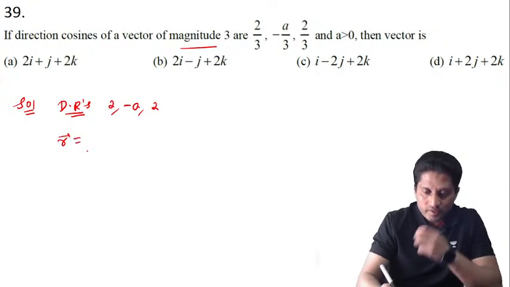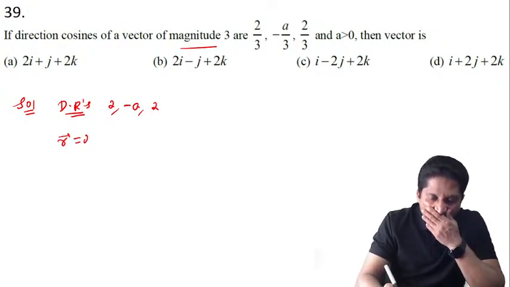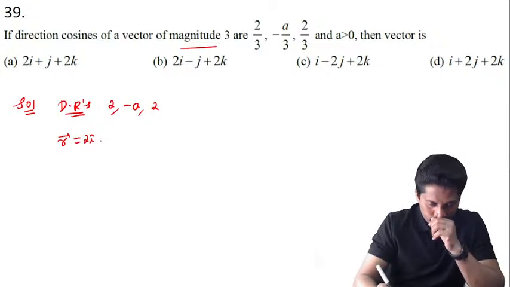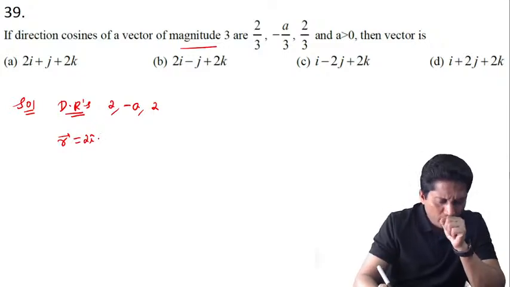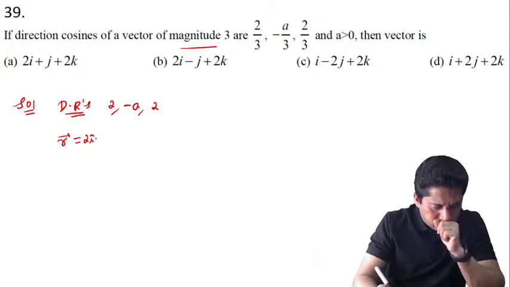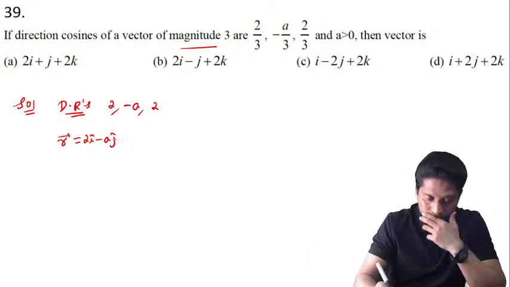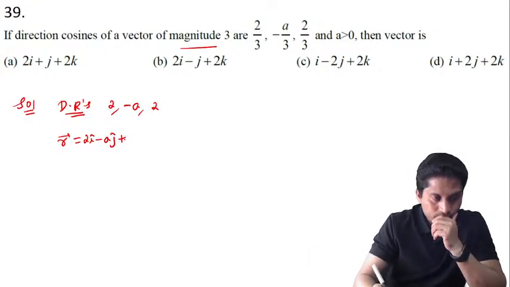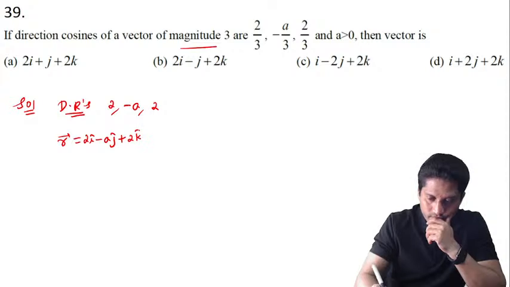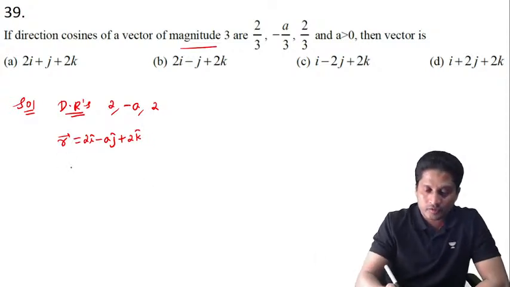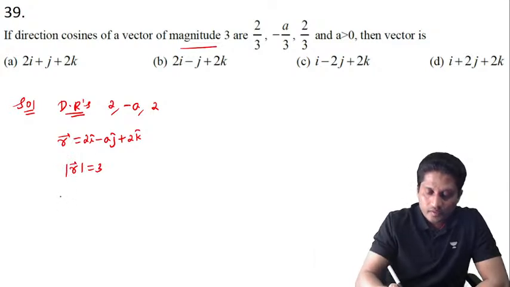So vector R is equal to 2i minus aj plus 2k. Now according to the question, modulus of R is equal to 3. Now root of 4 plus a square plus 4 is equal to 3.